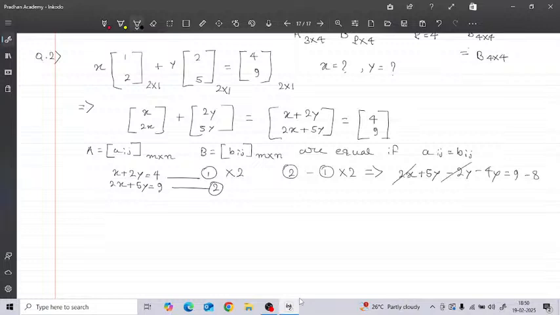Let's cancel it. So y equals 1. Now let's put this value in equation 1. We will get x plus 2 equals 4. So x is equal to 2. Okay, so solved. Now next question.